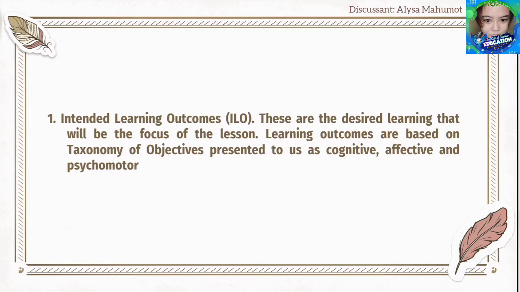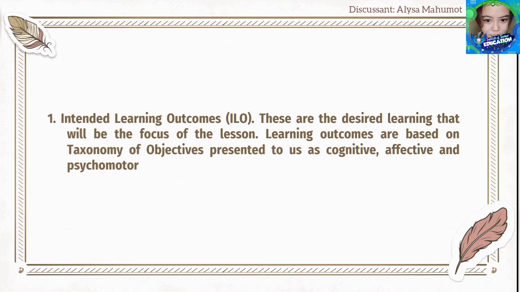The first part of lesson plan is the intended learning outcomes or ILO. These are the desired learning that will be the focus of the lesson. So, itong ILO or intended learning outcomes ay yung mga inaasahang matututunan ng mga estudyante after ng discussion.